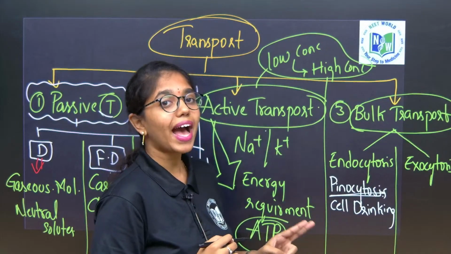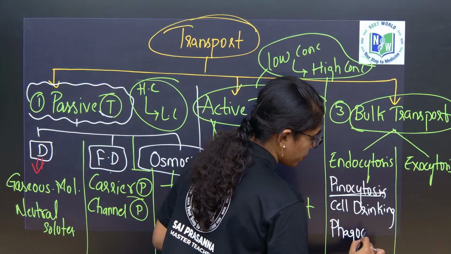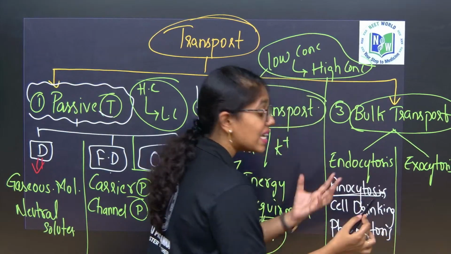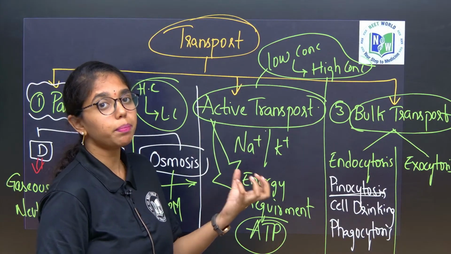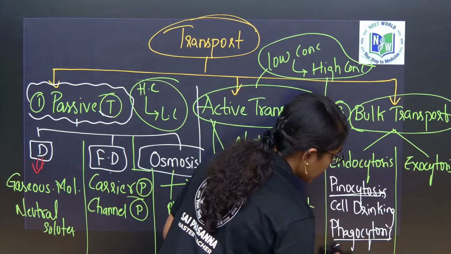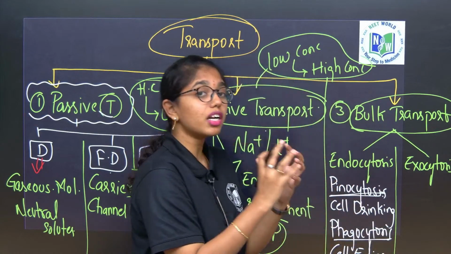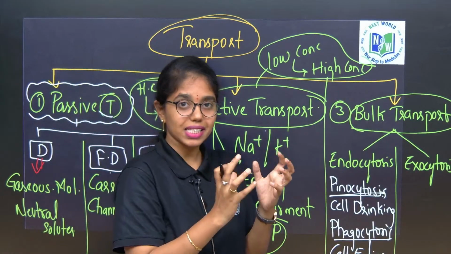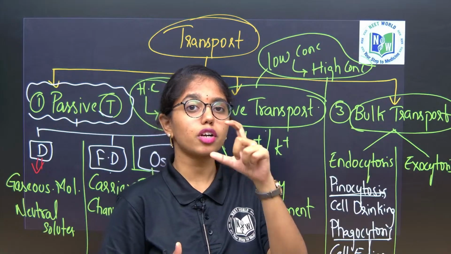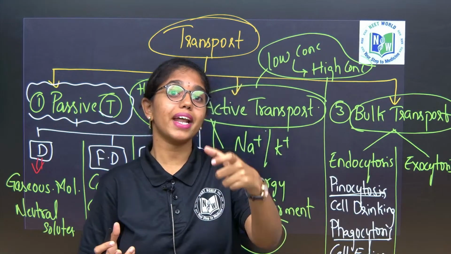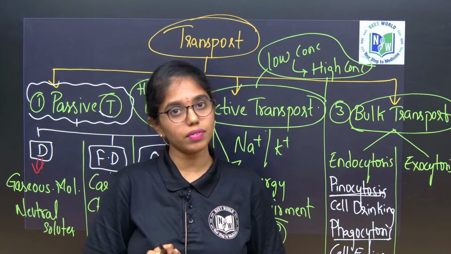Second is phagocytosis, where the cell will engulf or take in solid particles. That is called cell eating. And the toxin molecules left after lysosomal action, or cellular constituents which are toxic, or some dead organelles inside the cell, are expelled out of the cell membrane.